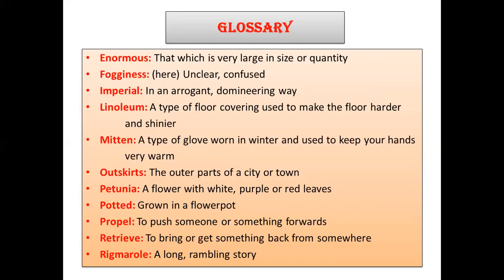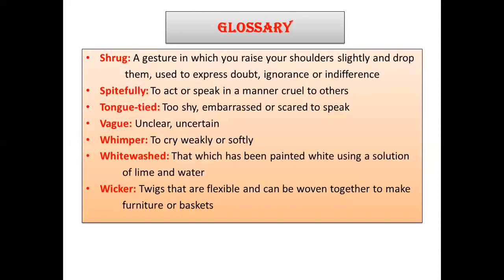A rigmarole is a long, rambling story. Shrug is a gesture in which you raise your shoulders slightly and then drop them. It is used to express doubt, ignorance, or indifference. This is interesting, students. And then the next word is spitefully. It means to act or speak in a manner which is cruel to others. Tongue-tied means too shy, embarrassed or scared to speak.